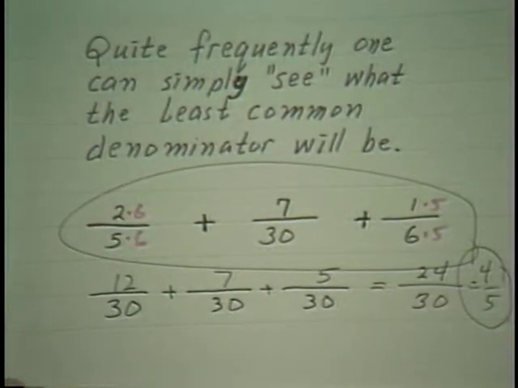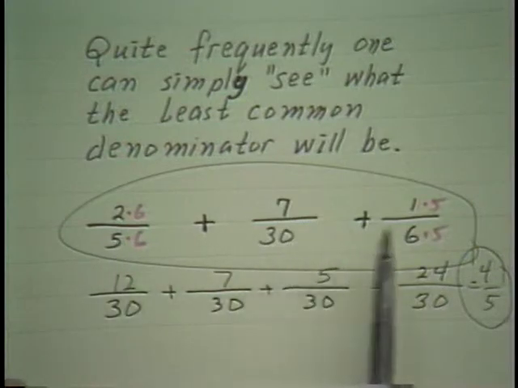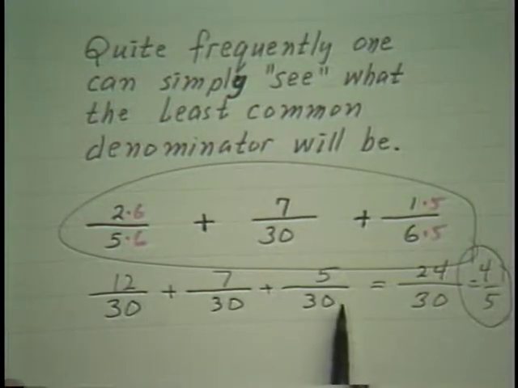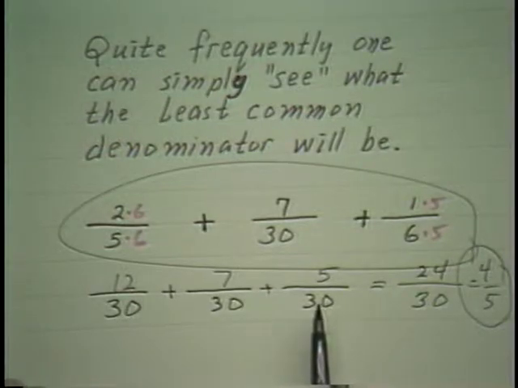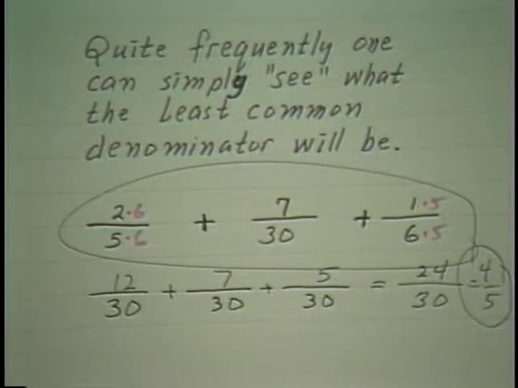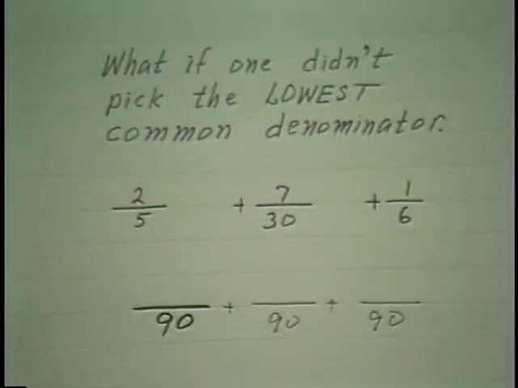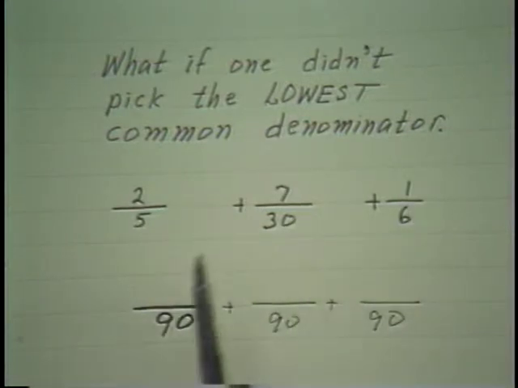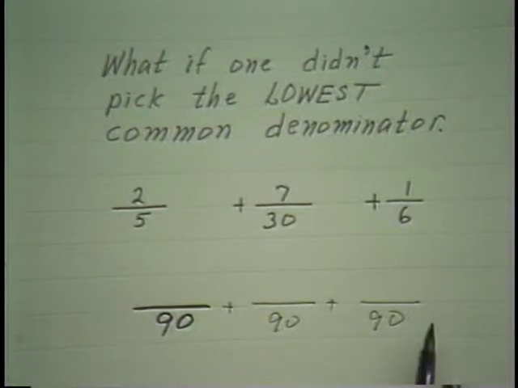Most problems the average person runs into will have denominators so simple you can just see it. Most of them. However, in technologies and engineering and sometimes business, it isn't quite that simple. But first, let's answer the question, what would have happened had we not picked the lowest common denominator, which is 30? We could have picked 60 or 90 in this case.